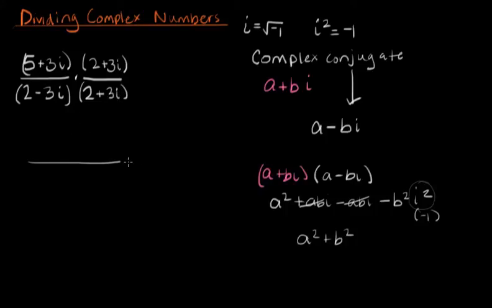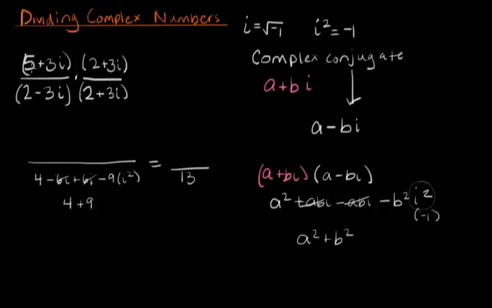So this is just the denominator, 4 minus 6i plus 6i minus 9i squared. So these guys cancel out, so we get 4, and then this is going to be plus 9 because we have a minus, and then the i squared is -1. So plus 9 is 13. So this is going to be 13 on the bottom, which is just a squared plus b squared, so 2 squared plus 3 squared. Either way, and then on the top, we just need to do FOIL.